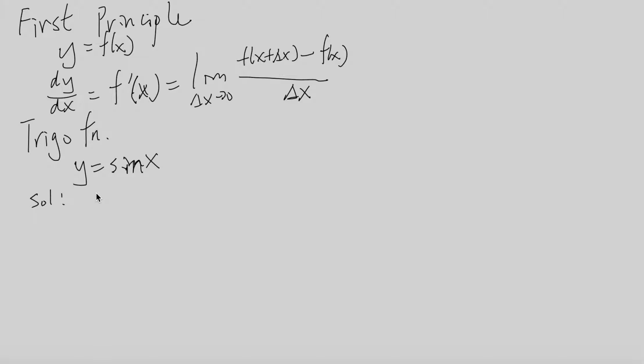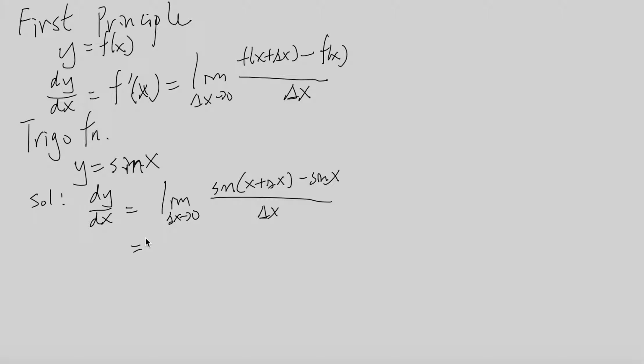Solution. dy over dx equals the limit as delta x tends to 0 of sine bracket x plus delta x, minus sine x, all over delta x.